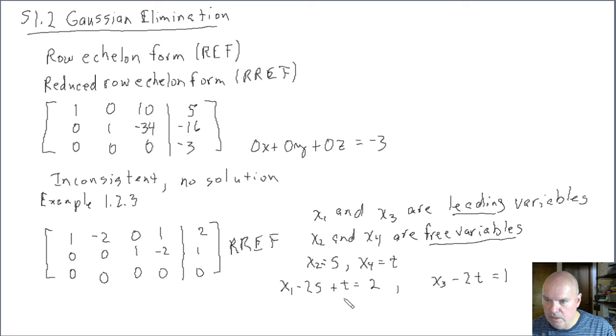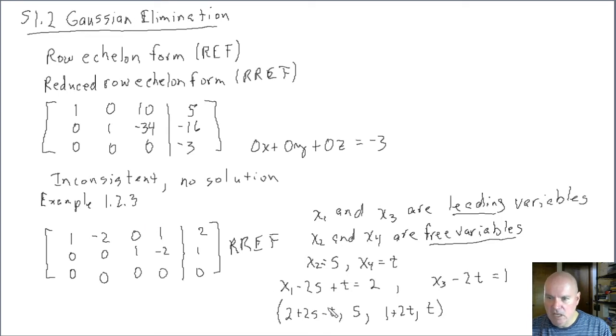So now I can solve these to find x1 and x3 in terms of my free parameters. My general solution to this set of equations, solving for x1, is 2 plus 2s minus t. x2 I've assigned the free value s. x3 is 1 plus 2t. And x4 is t. So this is the general solution to that original linear system of equations in this example.